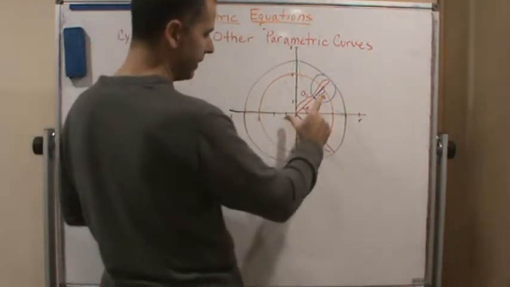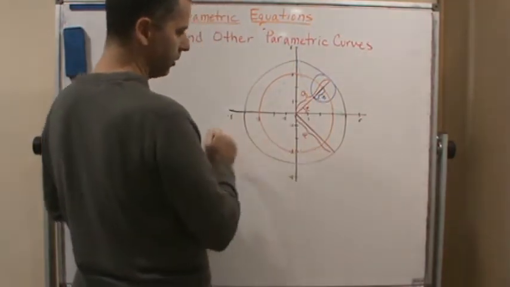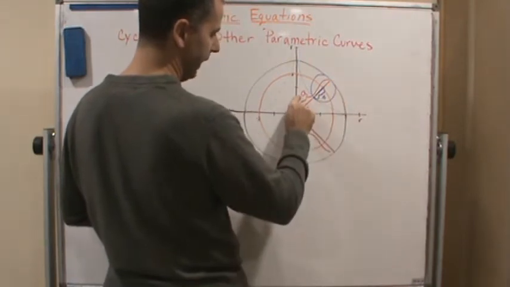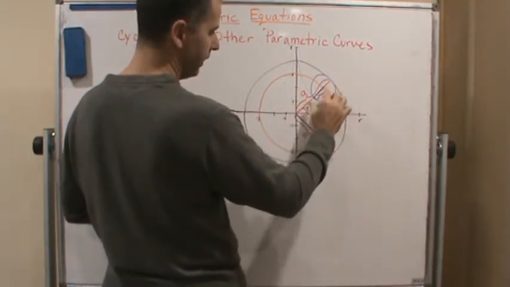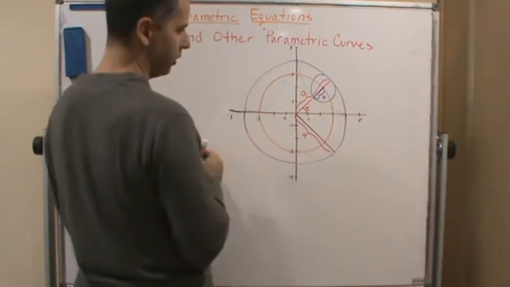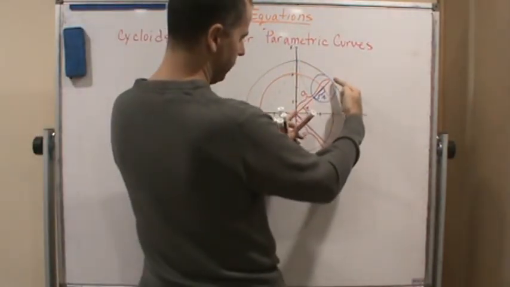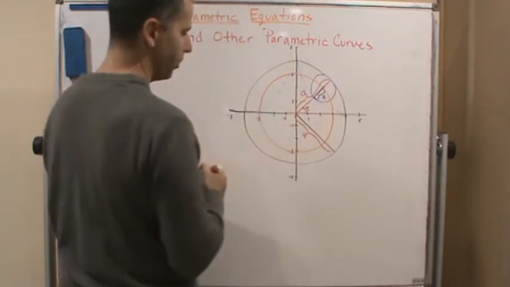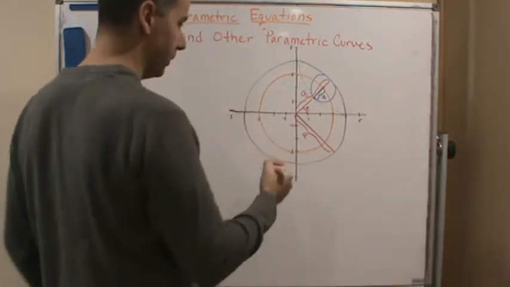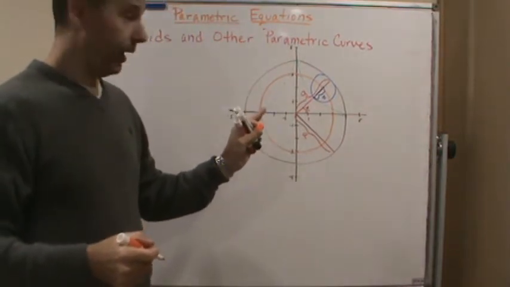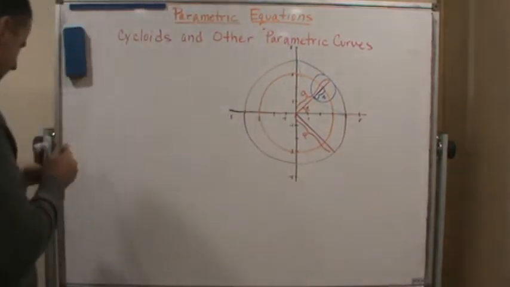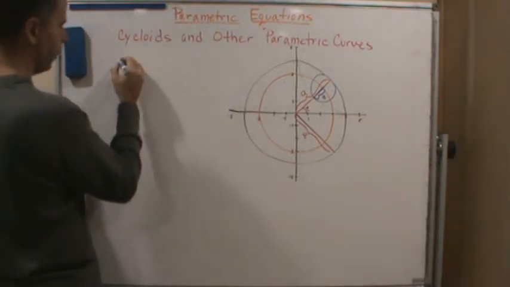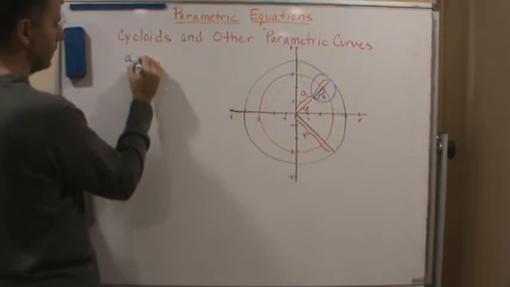So what's the radius of this inside circle, the orange circle? It's going to be the radius of the larger circle, A, minus the radius of the smaller circle, B. So the radius of the inner circle is A minus B.